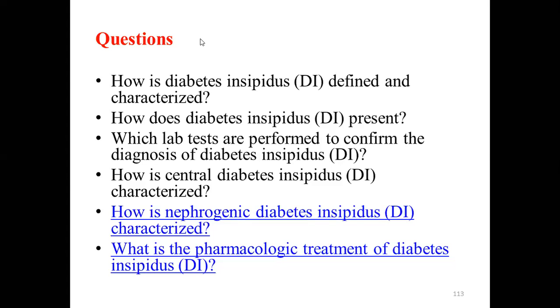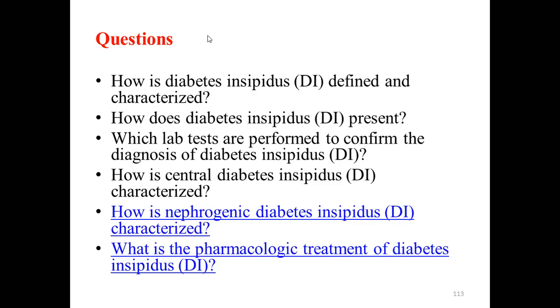Okay, fine. Please speak up. How do we define diabetes insipidus? Yes, just briefly. It is characterized by production of large amounts of dilute urine in 24 hours. Okay, good, fine.